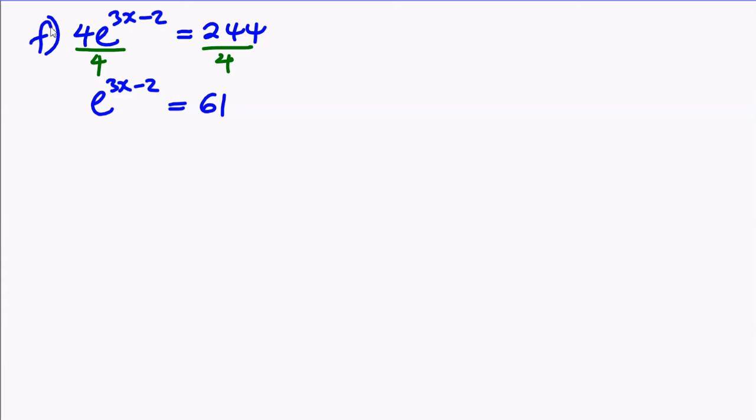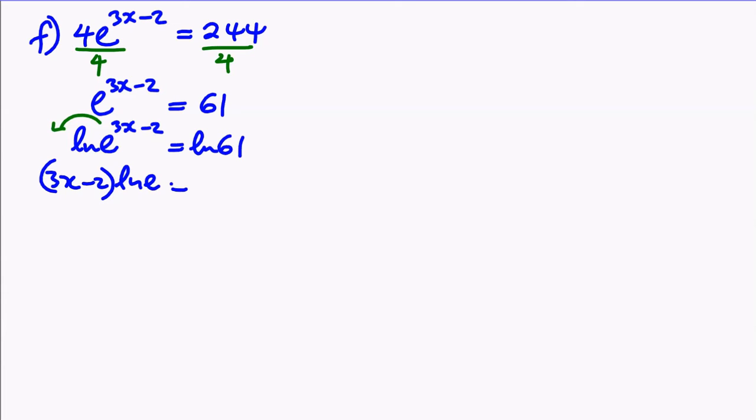And then now we can take the natural logarithm of each of these sides. So we can bring this power to the left. So (3x minus 2) ln e will be equal to ln 61. ln e is 1, so 3x minus 2 is equal to ln 61.